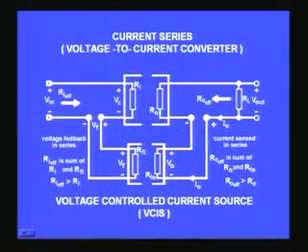We will move on to the next feedback configuration. You see on the screen that here the output is connected in series with the feedback network, and therefore it is sensing the current output. It is sensing the current here, and it is also giving a voltage here in series at the input.